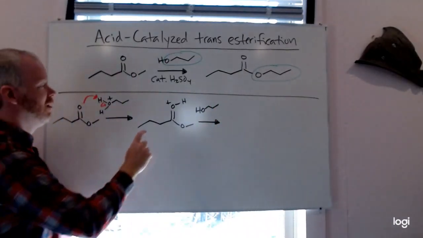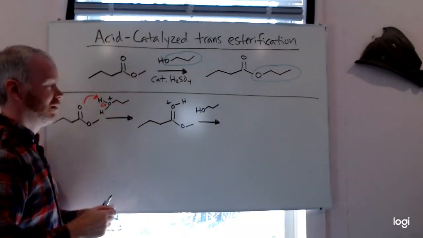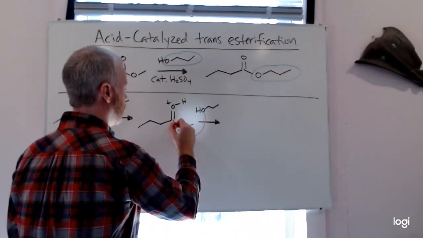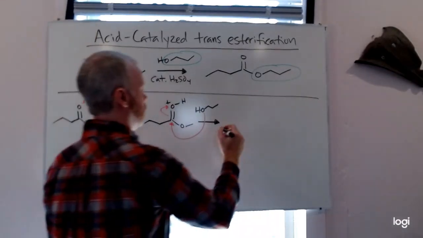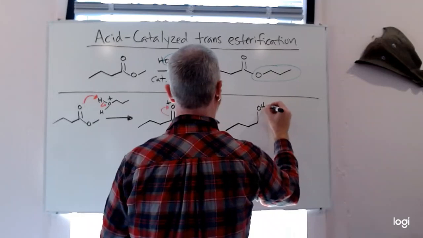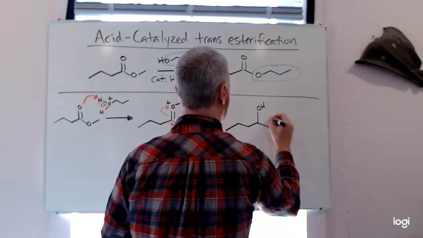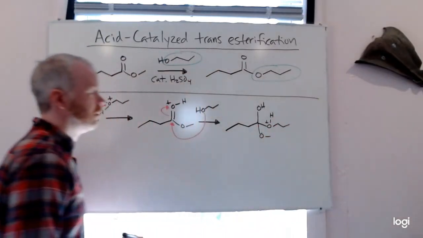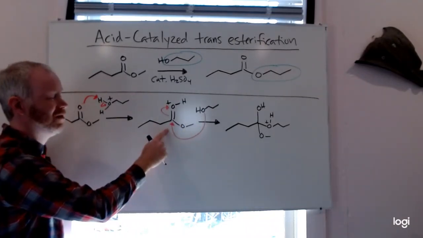All right, so now we have our ester, but it's activated now. So it's going to make it more reactive to our weak nucleophile. Right, so that's our typical nucleophilic addition step.